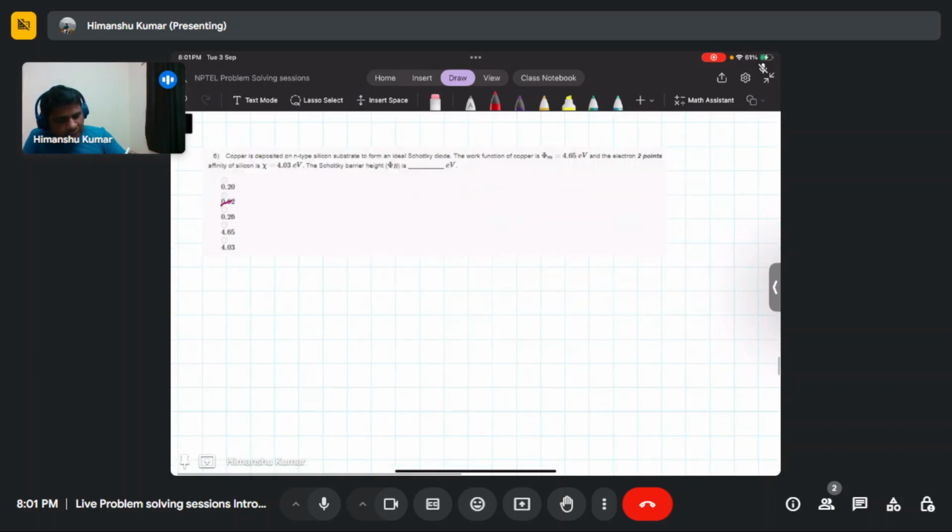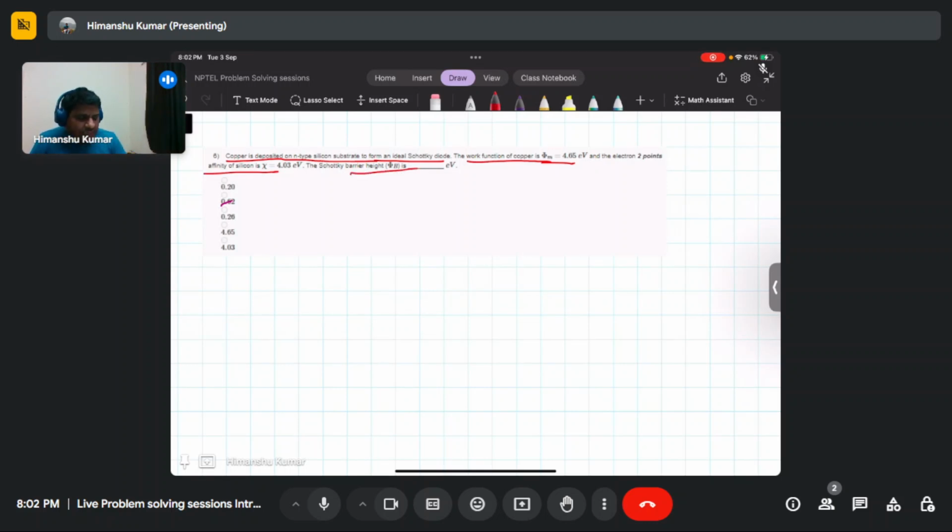The next problem talks about copper deposited onto an n-type silicon substrate to form an ideal Schottky diode. The work function of copper is phi m equals 4.65 electron volt, and the electron affinity of silicon is 4.03 electron volt.